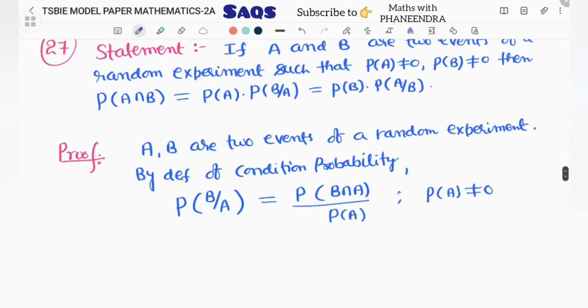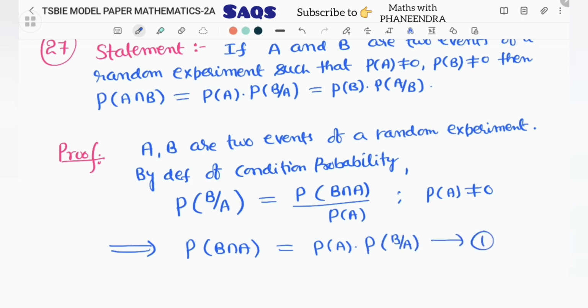So cross multiply. P of A intersection B or B intersection A, both are same. So P of B intersection A is equal to P of A into P of B given A. Equation number 1.